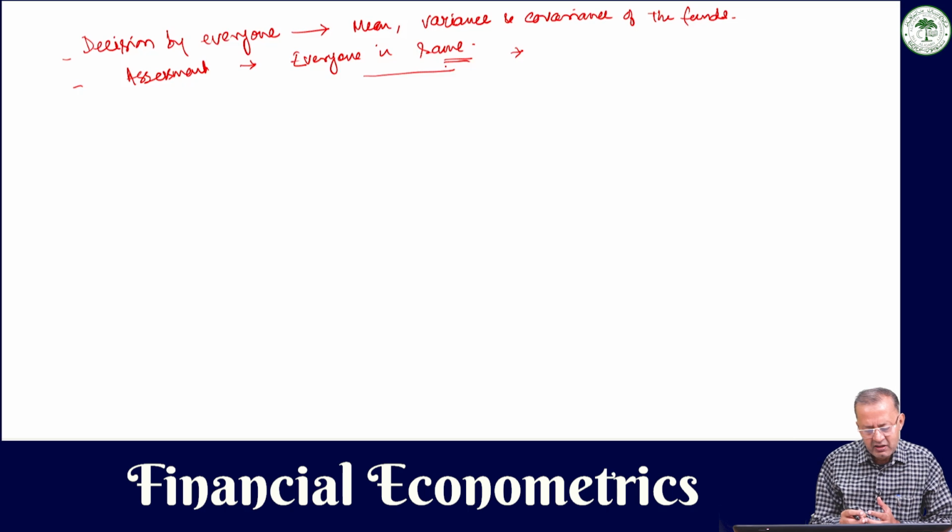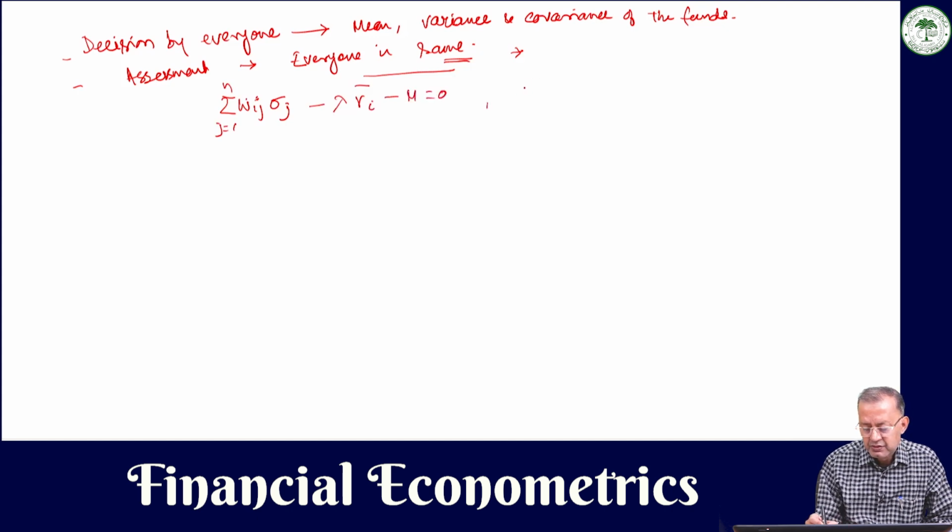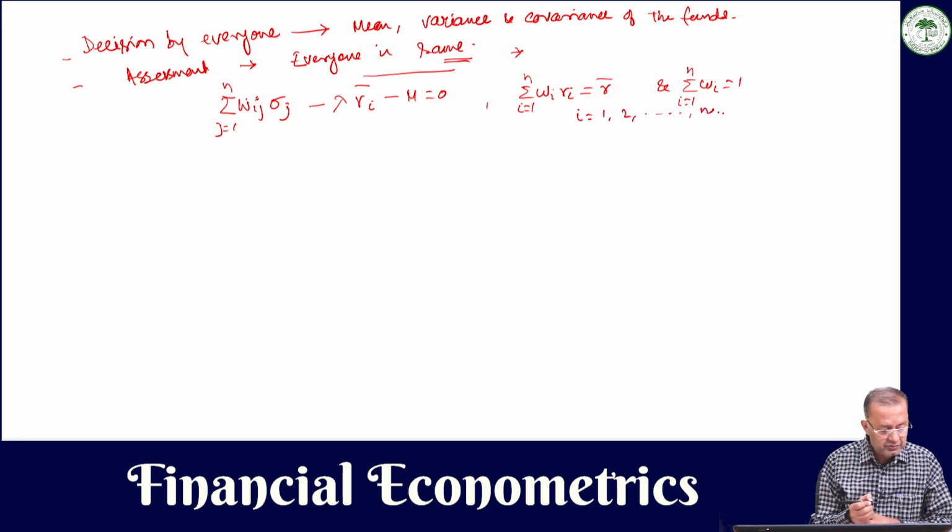Again, rewriting the final conclusion that we had obtained from the Markowitz theorem: sigma wi sigma ij, j is equal to 1 to n, minus lambda ri bar minus mu is equal to 0; sigma wi ri is equal to r bar; and sigma wi is equal to 1. This was for i is equal to 1 to n. Clear?